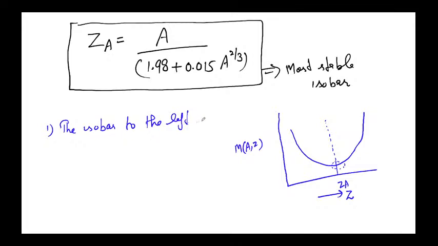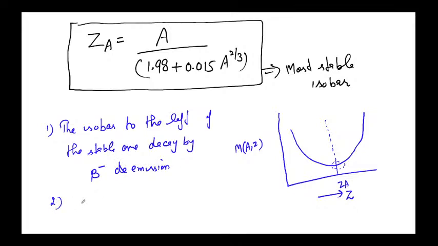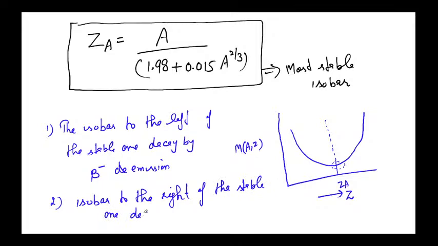So the isobars to the left of the stable one decay by beta minus emission, and the nuclei which are present to the right of the stable isobar decay by positron or beta plus emission.